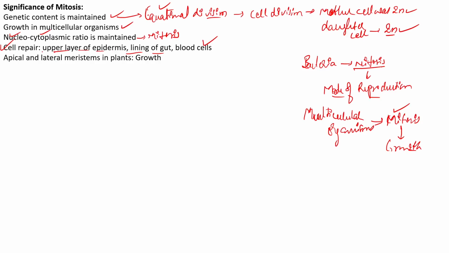And in the case of plant cells, the lateral meristems, that is the lateral cambium, and also the apical meristems, that is the root meristems, are mainly required for the constant growth of the plants. That is why plants are constantly growing throughout their lifetime.